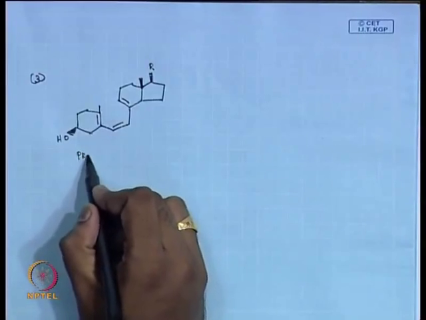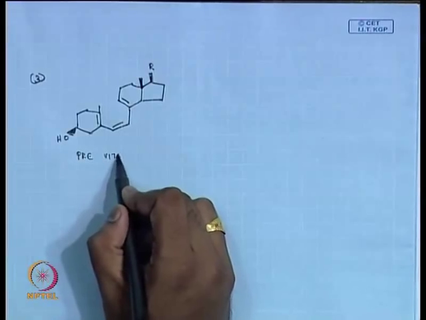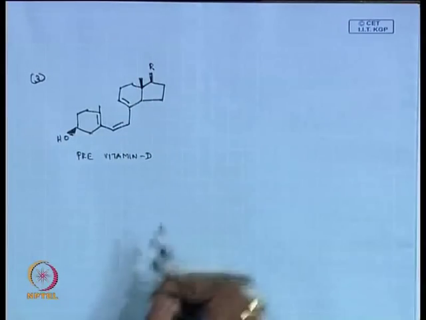Where have you seen this compound? Somewhere you have seen this. Somewhere you have studied this compound for making your vitamin D. This is pre-vitamin D. Okay, the step before vitamin D. You have seen this pre-vitamin D.